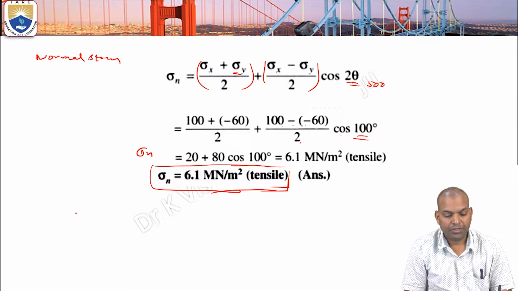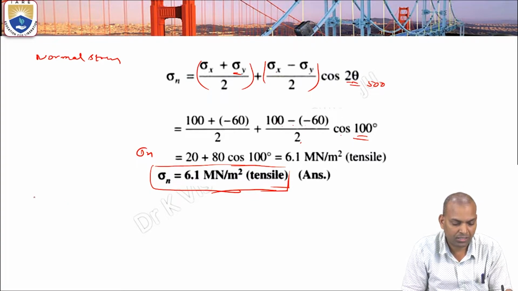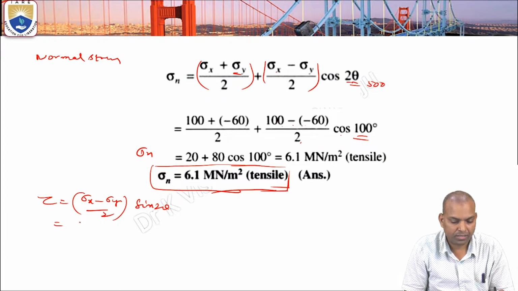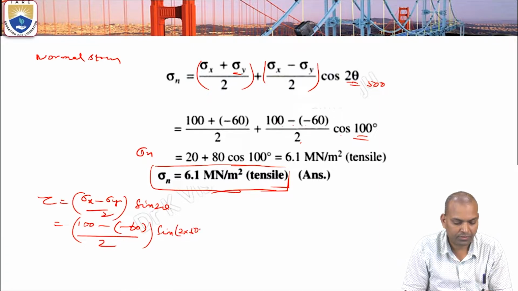Next objective is the shear stress. The shear stress equals sigma x minus sigma y by 2 sin 2 theta. Sigma x is 100, minus sigma y, minus 60, by 2, sin of 2 times theta, 50.